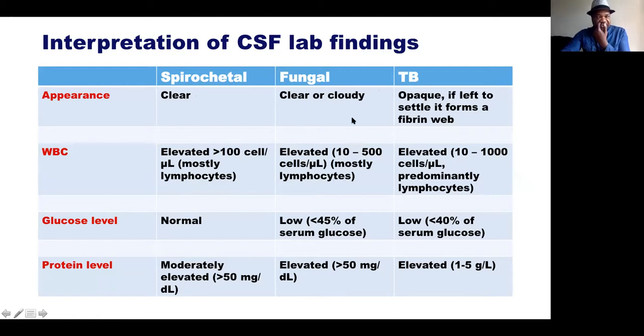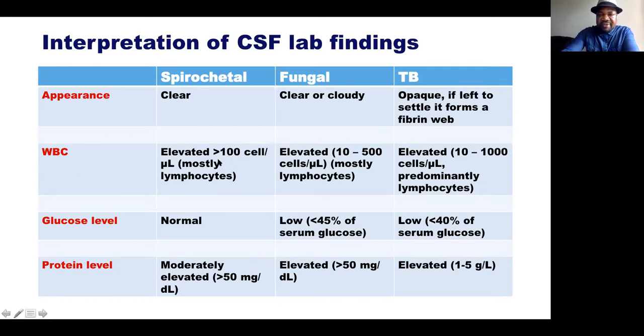Now in this patient, we found that the CSF was cloudy. But in TB meningitis, it's more opaque, and if left to settle, it forms a fibrin web. That's very typical for the TB CSF appearance.